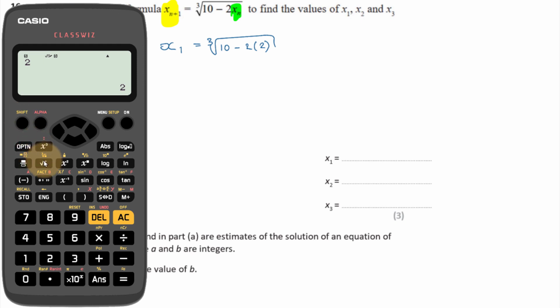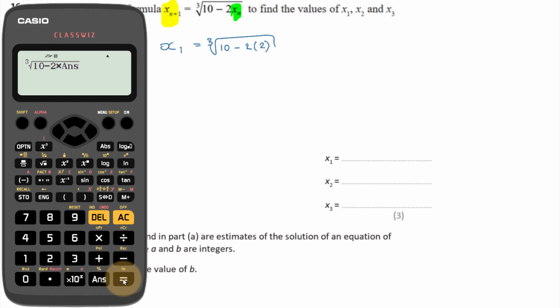So shift to find the cube root, 10 minus 2 lots of the answer, so the last calculated value that I made. The last calculated value was a 2, so this is going to sub the value 2 into that formula and then work out the new one.